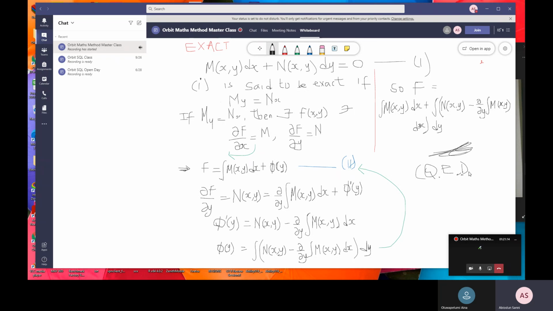So that's just the concept. There's a method they call this, I can't remember. So your f, which is the solution, is now this expression.